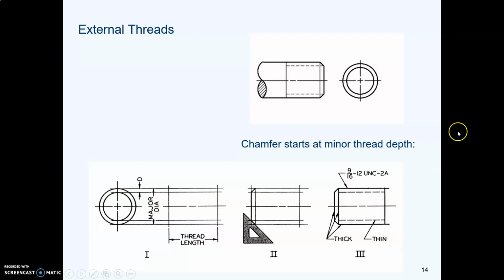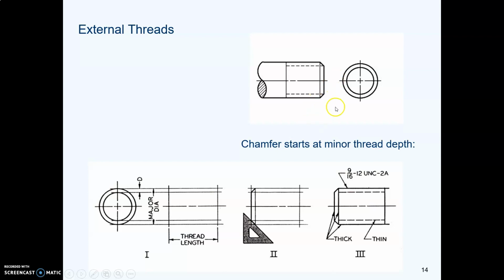Now, if you pick up a bolt, you will notice that the end of the bolt has been chamfered. That's because if they didn't chamfer the end, one, there'd be a razor-sharp edge that would cut people easily, and two, you wouldn't be able to get the bolt into the hole.